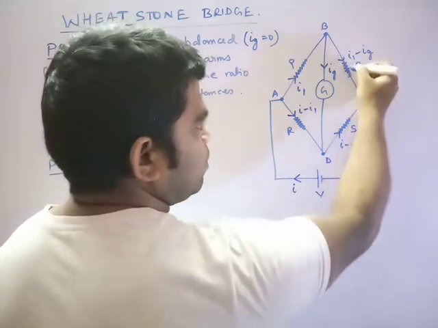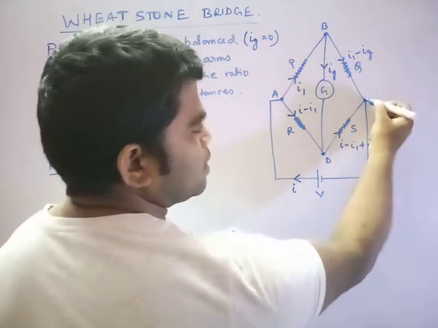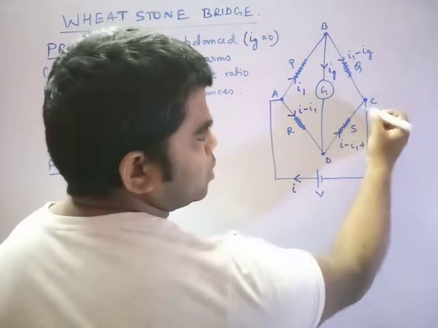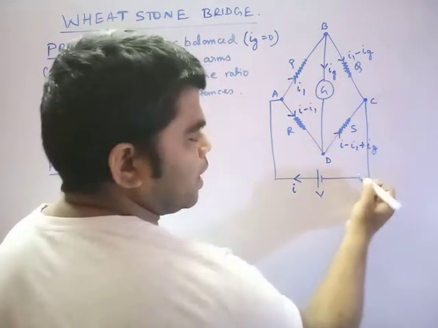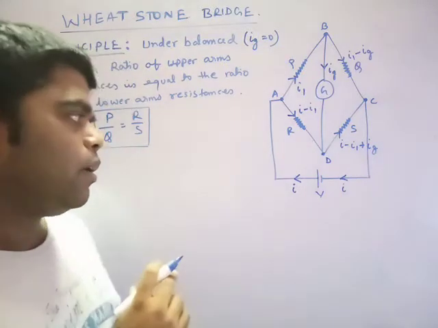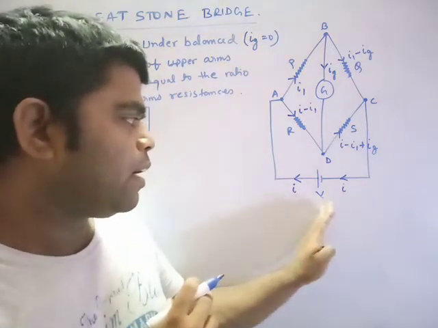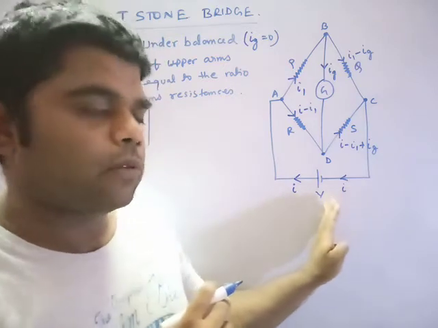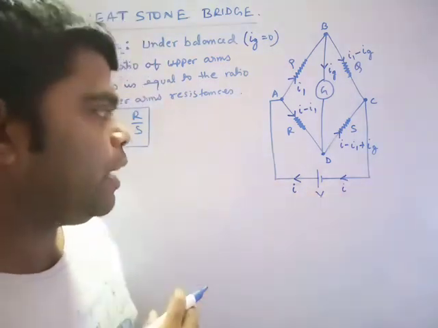From this arm the current I1 minus Ig reaches, and from here I minus I1 plus Ig reaches. Again I add both currents, and only I is left, because if current I flows from the positive terminal, then I comes back into the negative terminal.